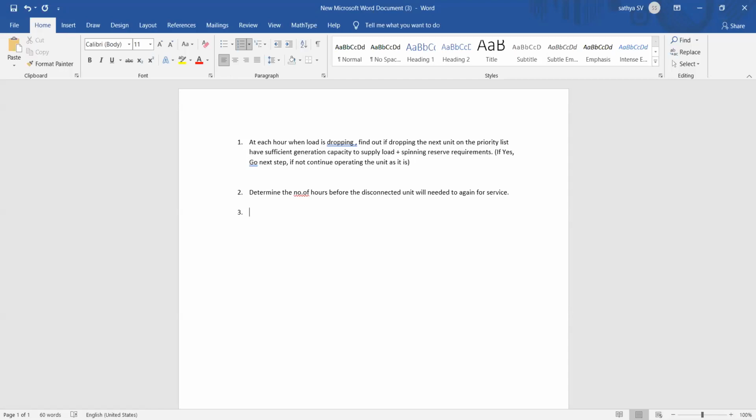If the minimum shutdown time for the unit is more than the number of hours, then we need to keep the unit as it is.